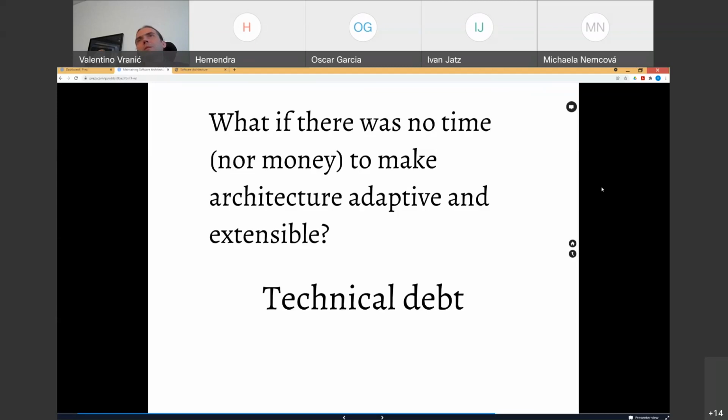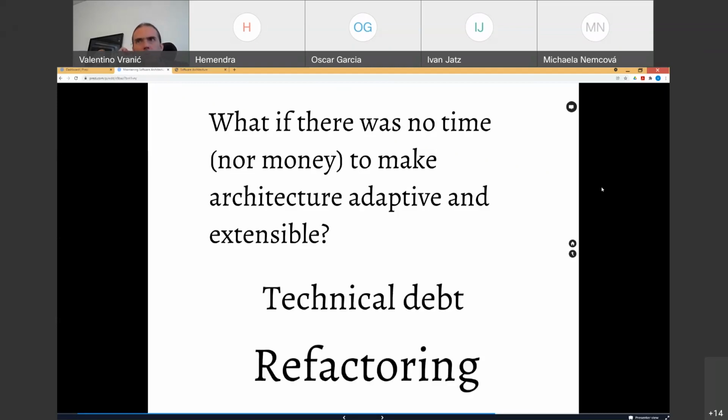We could do better, and we are delaying these things. And then the time might come to pay our technical debt by doing something called refactorization, or refactoring.